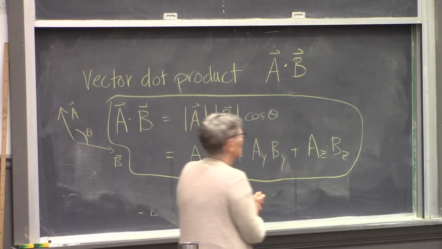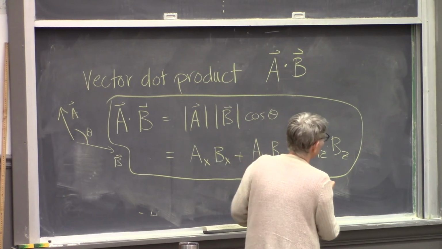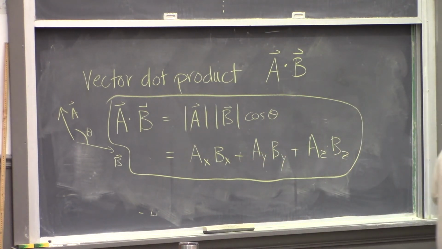So we could write, slightly abstractly, the parallel component of F would be F dot P hat.